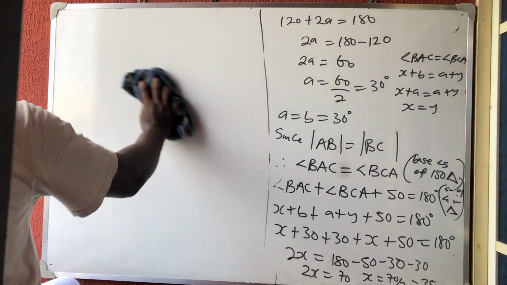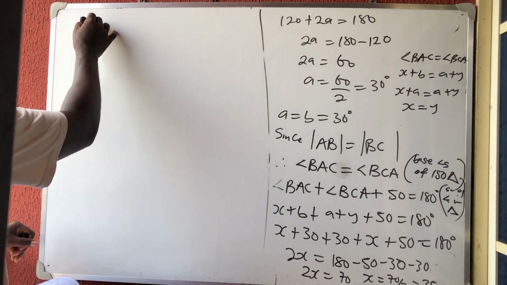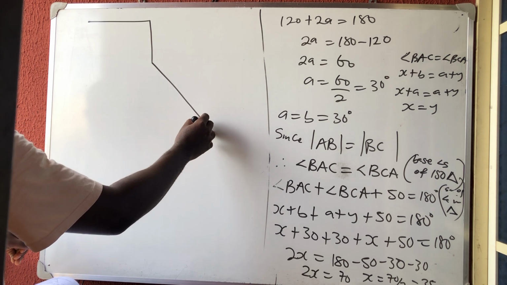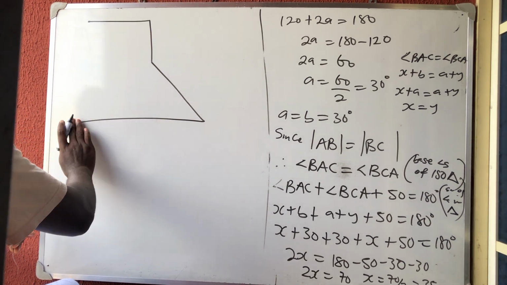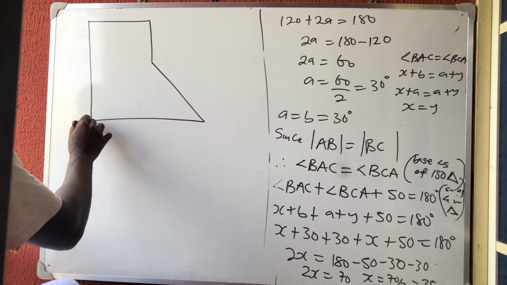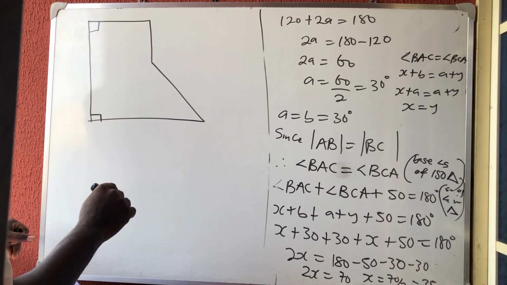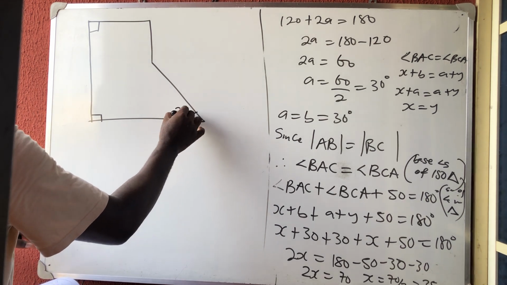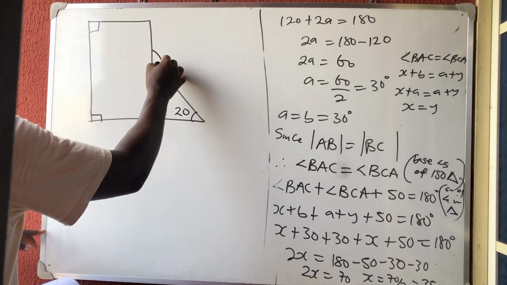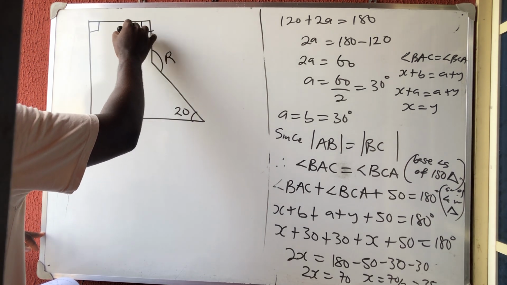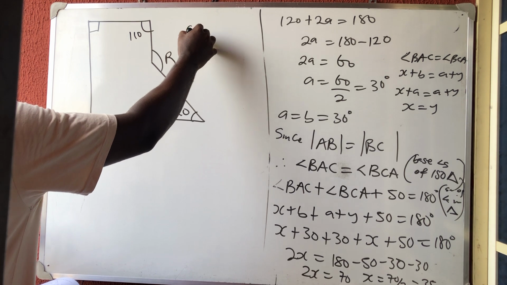This question said something like this. It said that here is 90 and here is 90 and here is 20 and here is R, and here is 110. They say find R.